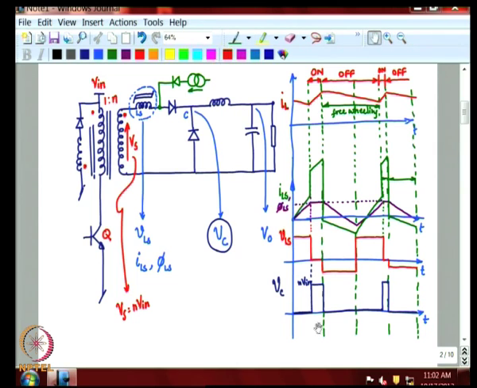From this we see that the voltage at this point is a kind of pulse width modulated voltage, where the pulse width can be adjusted by the current flow which is made to flow through the saturable inductor. The output voltage is nothing but the average of the voltage. Just like buck converter operation, the average of the voltage at this point is the voltage which occurs here, which is nothing but D into Vc.